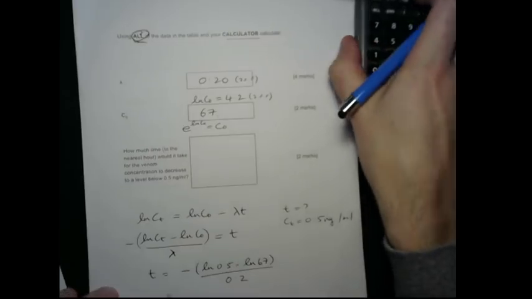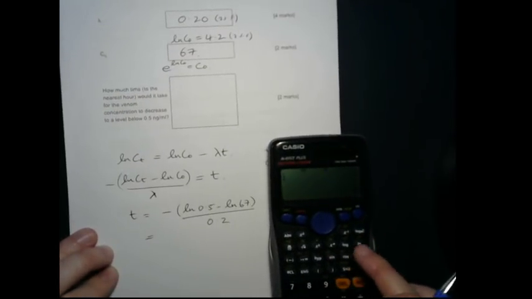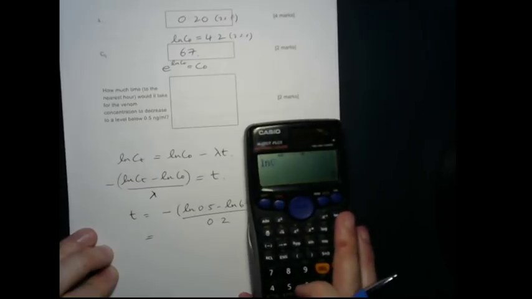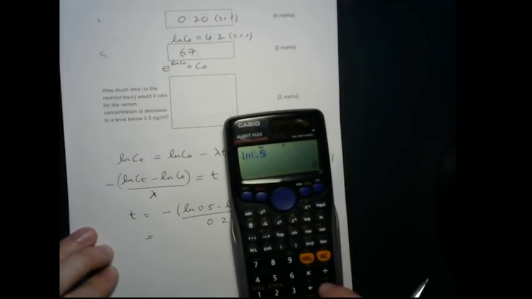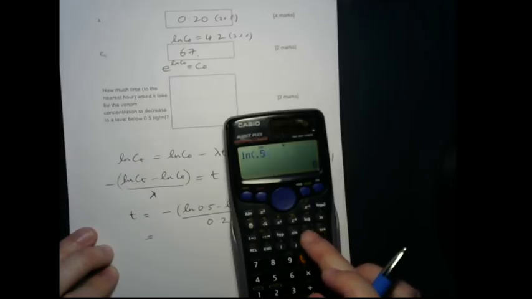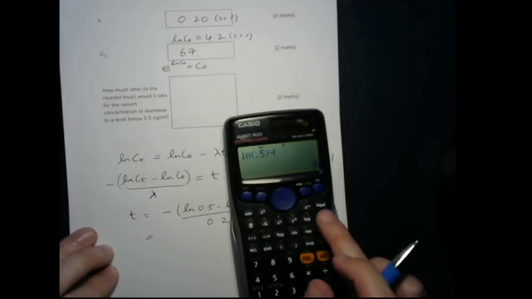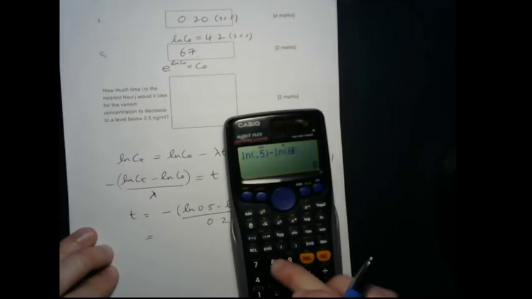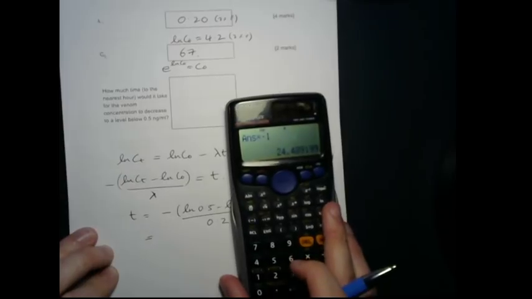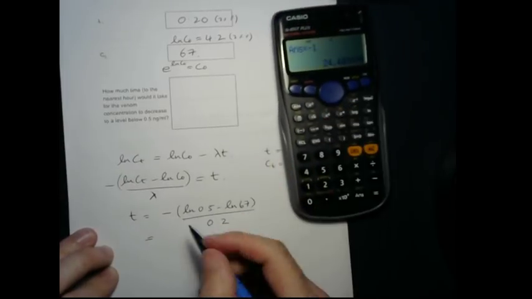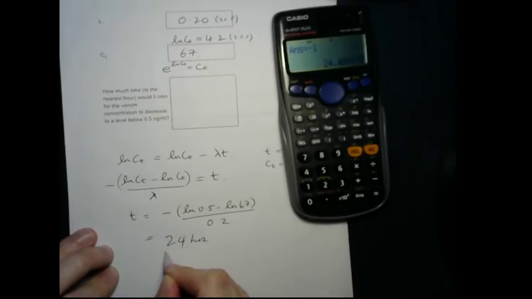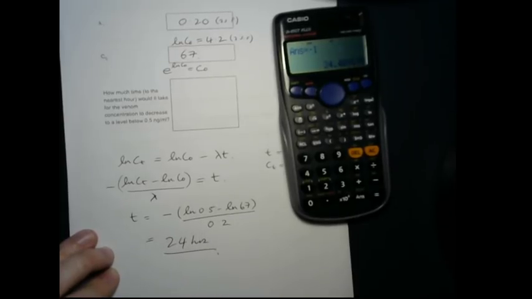Let's do that on the calculator. ln 0.5 minus ln 67, divided by 0.2. It's times by minus 1 as well, isn't it? Okay, so it's 24.48, but to the nearest hour, I'm going to call that 24 hours. Okay? Right, done.